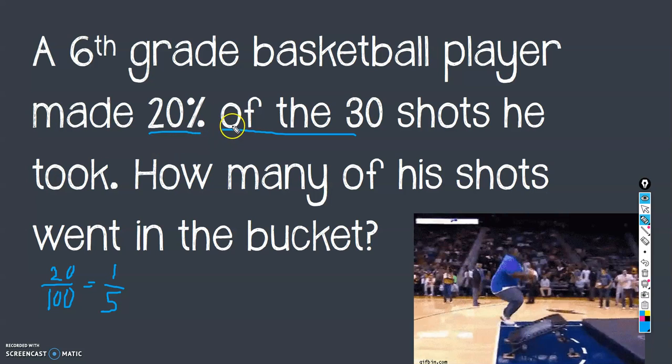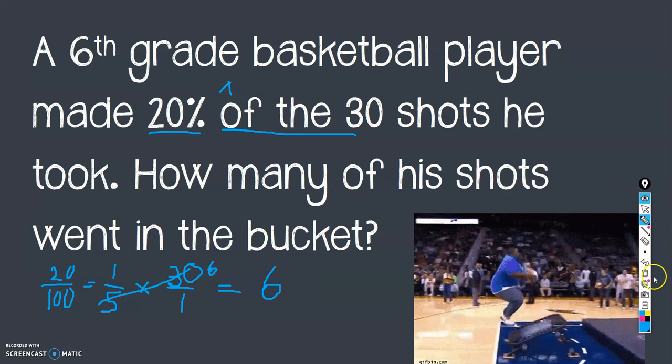So 20% of is multiply the 30 shots he took. So here's my 30 over 1. Cross cancel, divide by 5, so this becomes a 6. So he made 6, well, 20% of 30 is 6 shots. He made 6 of his shots.